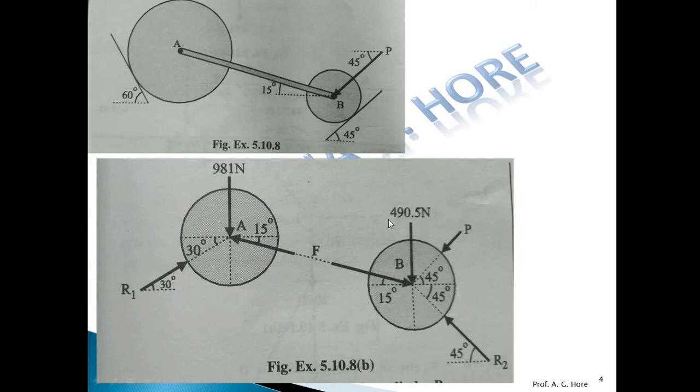Similarly for B, the weight of sphere B, the compressive force at 15 degrees, the P force which has an angle of 45 degrees with the horizontal as given in the numerical, and the contact reaction with the inclined plane, R2, which has an angle of 45 degrees.